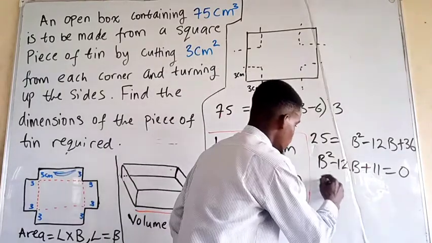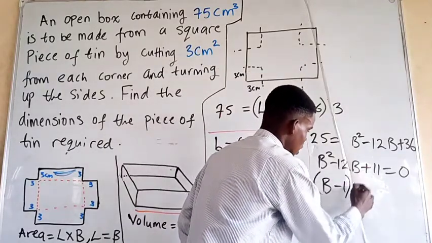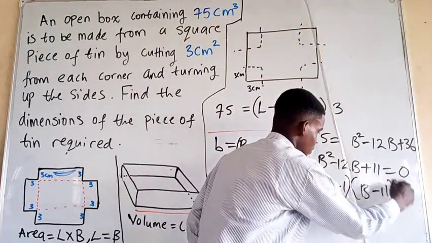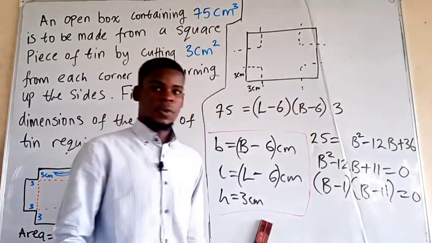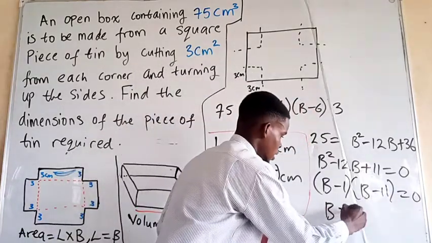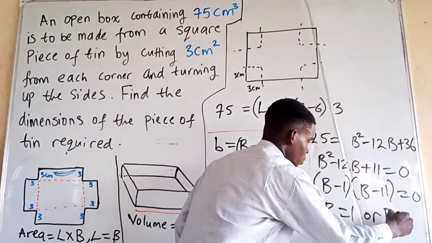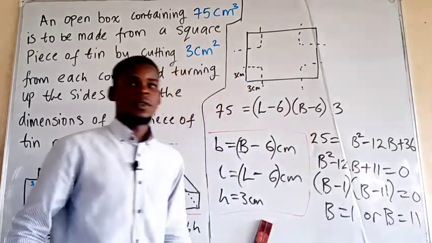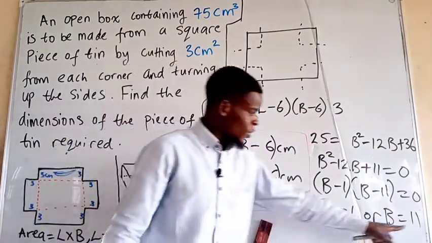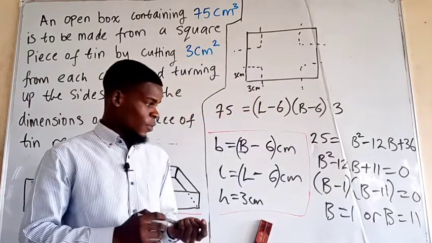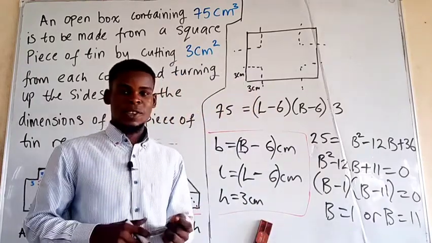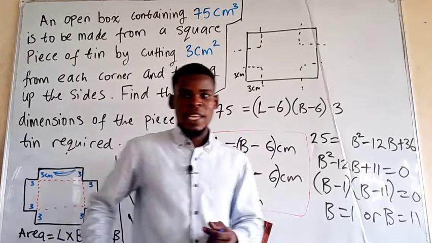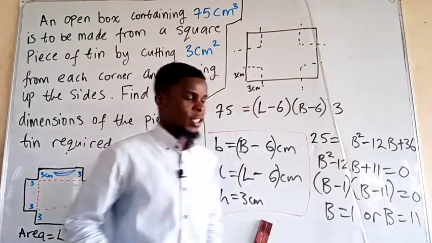So we have B minus 1, and then B minus 11. We equate that to 0. So we can see here that B can either be 1 or B can be 11. With these two values of B, we automatically know the values of L, because B and L are the same.